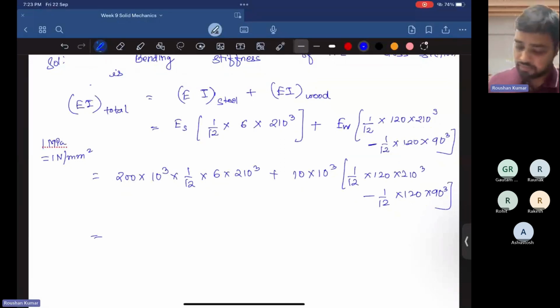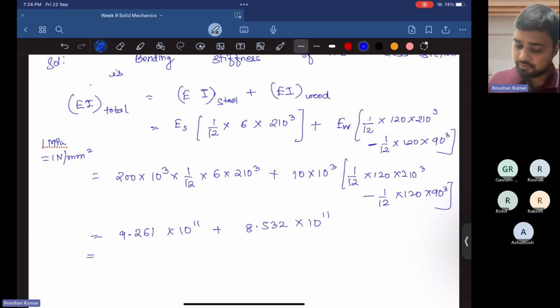So here 200 into 6 into 210 cube divided by 12 is given as 9.261 into 10 to the power 11, plus 120 times 210 cube minus 120 times 90 cube divided by 12, times the wood stiffness, which is 8.532 into 10 to the power 11.